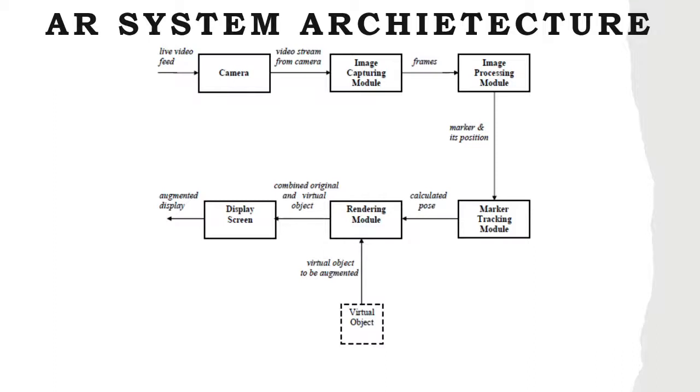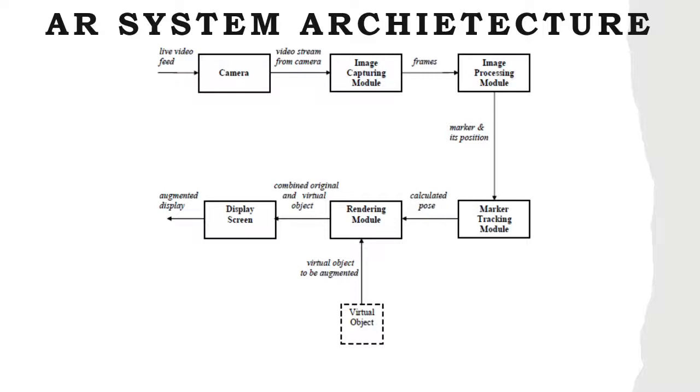Then we go to the marker tracking module, where the pose calculation is generally done, and all the tracking is done in there. The feature points are applied to the image in there, and the pose calculation is there as well.